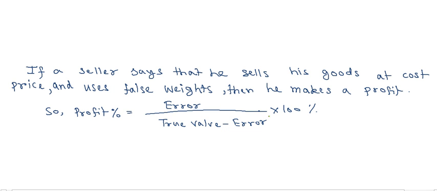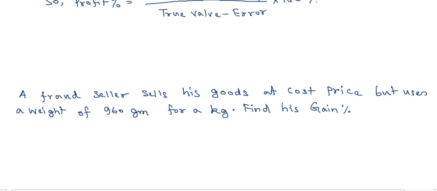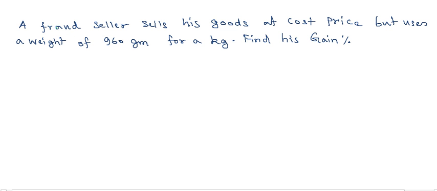Let's see this with an example. A fraud seller sells his goods at cost price but uses a weight of 960 gram for a kg. Find his gain percent.